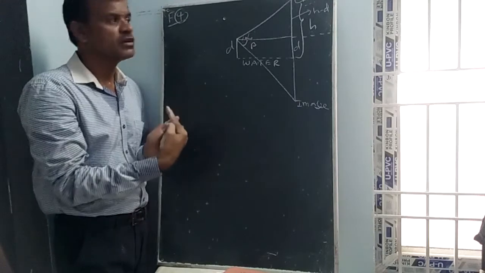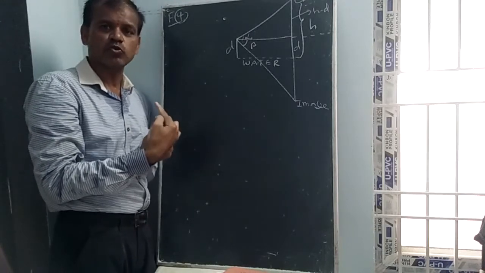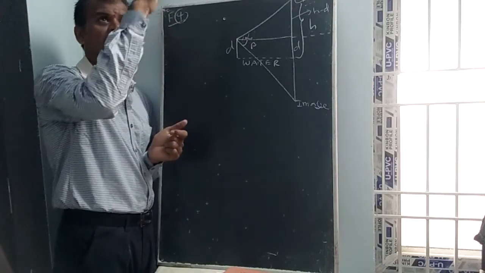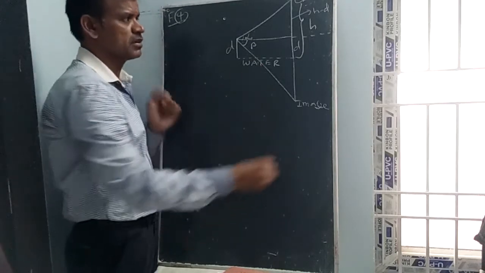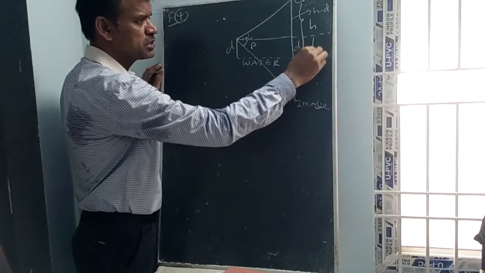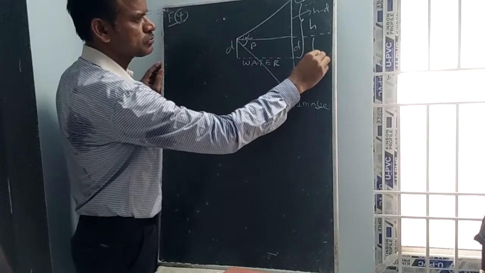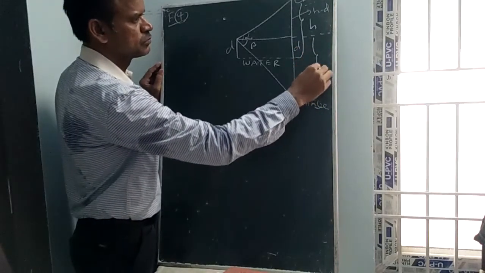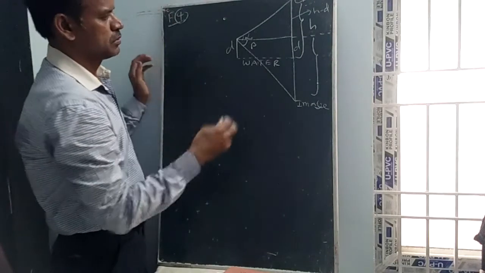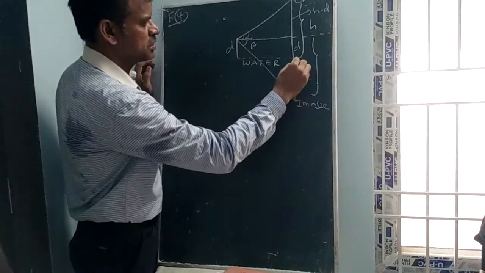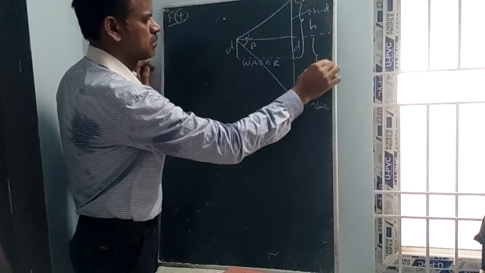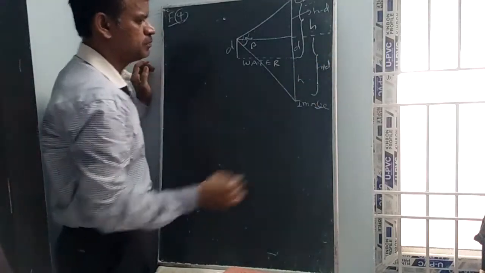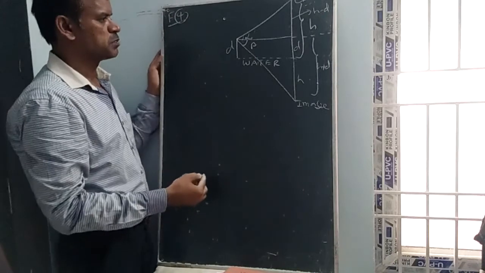Cloud to water is in the upward direction, water to image in the downward direction. So this is h, water level. So this is h plus d. This is water to image, h plus d.